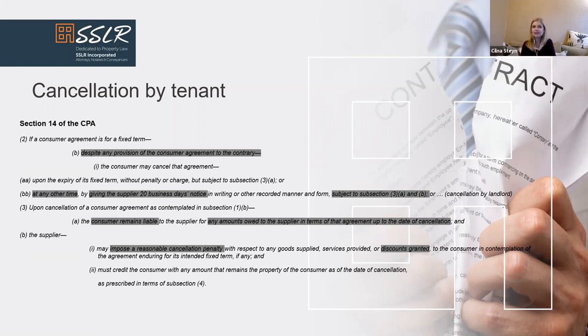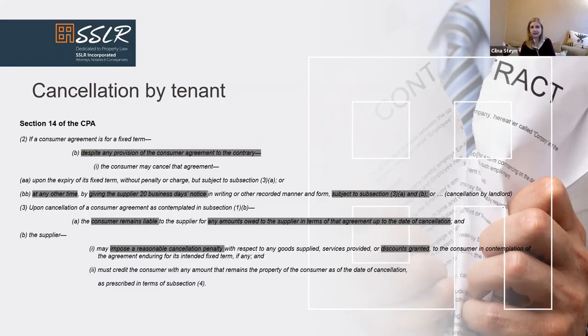If that was the case, but the rent was reduced because of the term of the lease agreement, the landlord is also entitled to claim that portion back. So the reduced rental that the tenant is now paying because of a fixed term agreement.